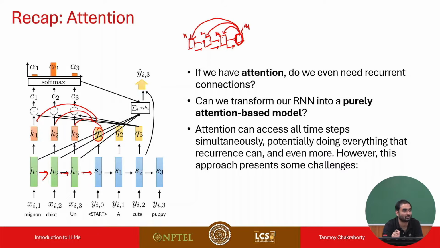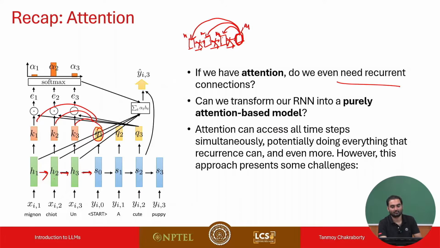Because these connections are the bottlenecks. Why are they bottlenecks? Because of these recurrent connections, you are not able to access all these tokens in parallel. If these had not been there, you could have accessed all the tokens in parallel, isn't it? So the question that we are asking is, do we really need the recurrent connections if we have attention?